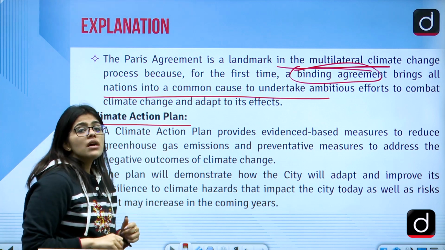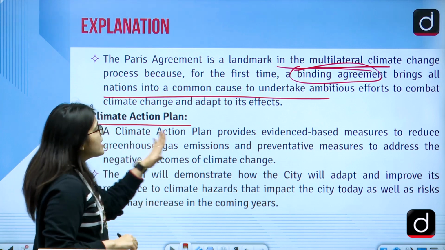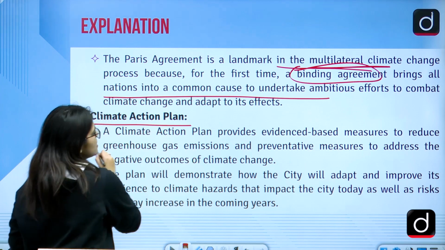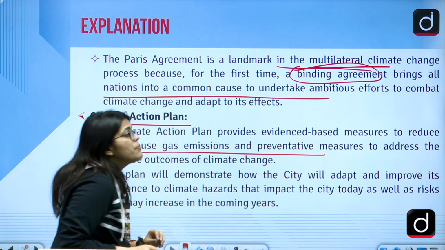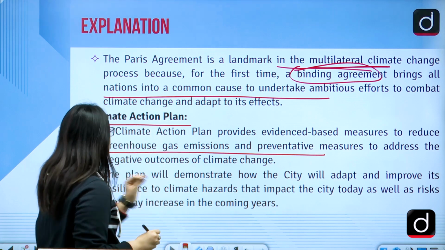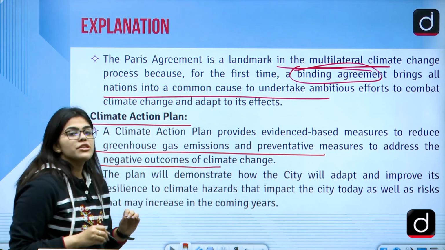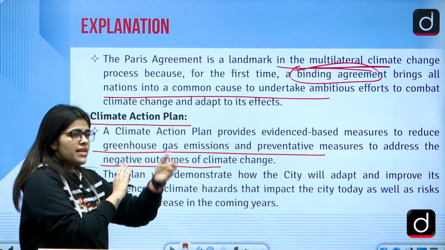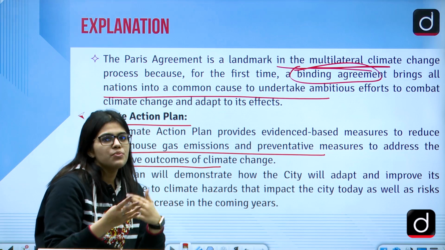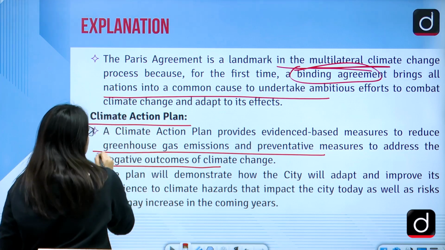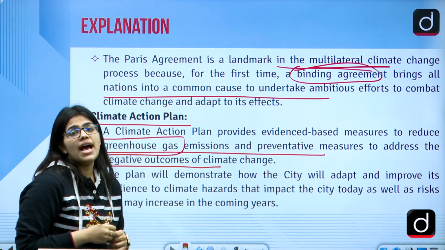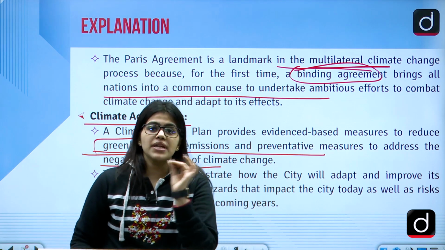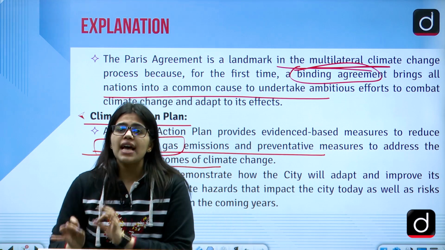Then we talk about the climate action plan. The climate action plan provides evidence-based measures to reduce the greenhouse gas emissions and preventive measures to address the negative outcomes of the climate change. So this is an action plan that was taken, with evidence-based measures, to reduce the greenhouse gas emissions. We saw that the greenhouse gases were increasing and the emission of these gases were increasing.